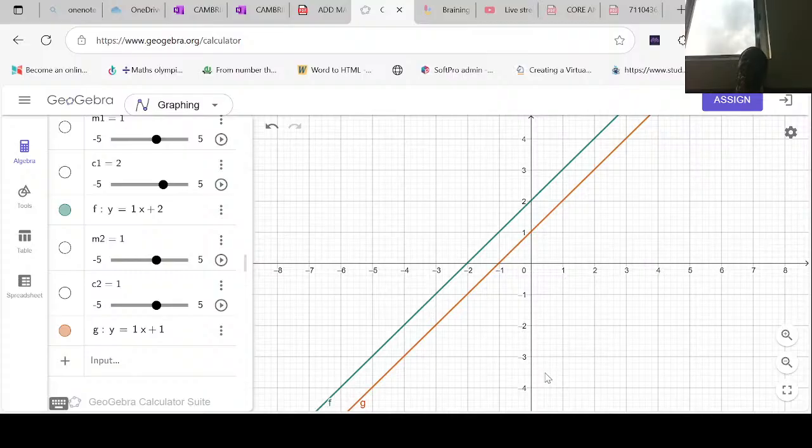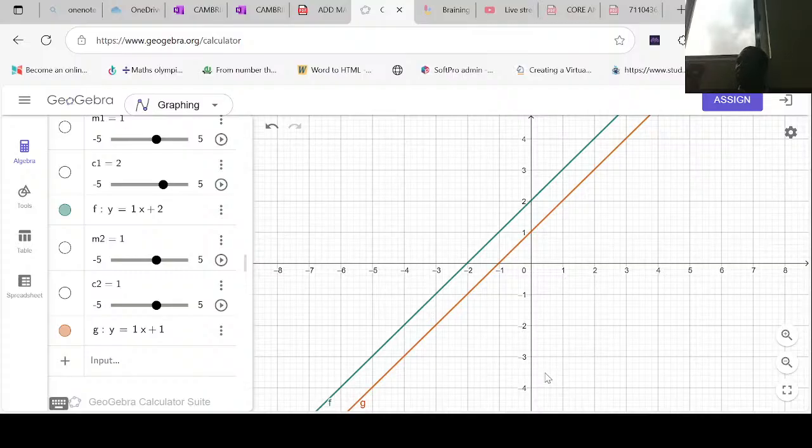Okay. Why are they not passing through the same intercept? Can you tell us? You know what the intercept means, where it cuts the y-axis. Why are the two lines not passing through the same intercept? No, x is a variable. x and y are variables.